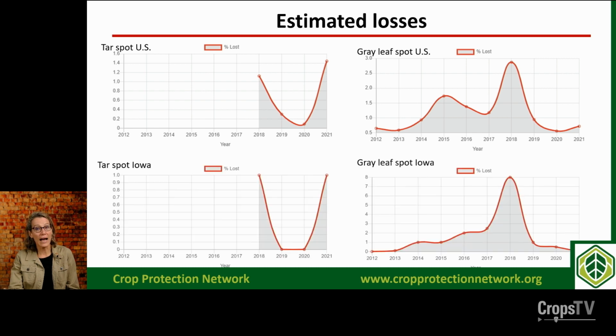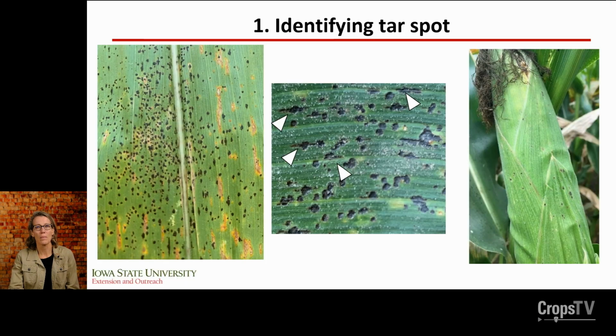And if we look in Iowa, the percentage of yield loss to tar spot has ranged from 0 to 1%. And with gray leaf spot, we've had up to 8% yield loss. 2018 was a particularly bad year for this disease.